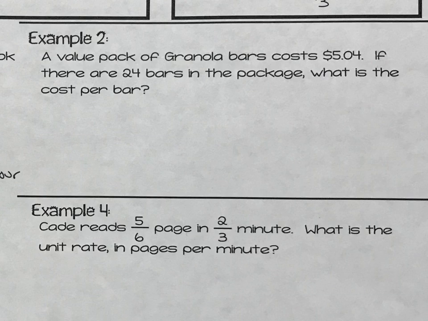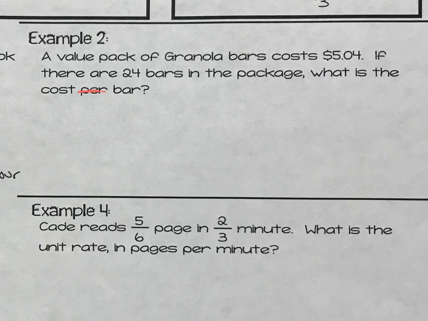A value pack of granola bars costs $5.04. If there are 24 bars in the package, what is the cost per bar? So what are they asking us to find out? That's the first thing we've got to figure out. They're asking us to find the cost per bar.